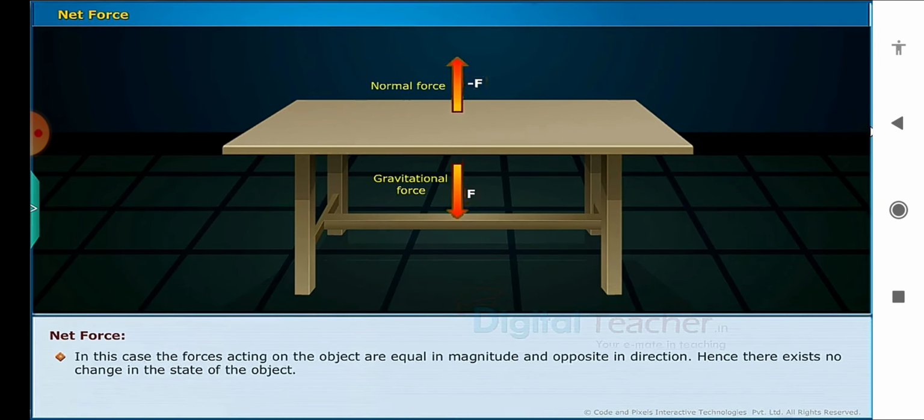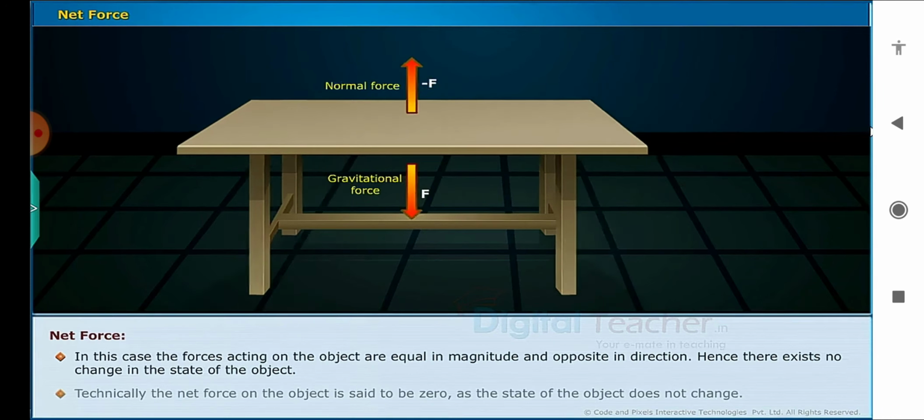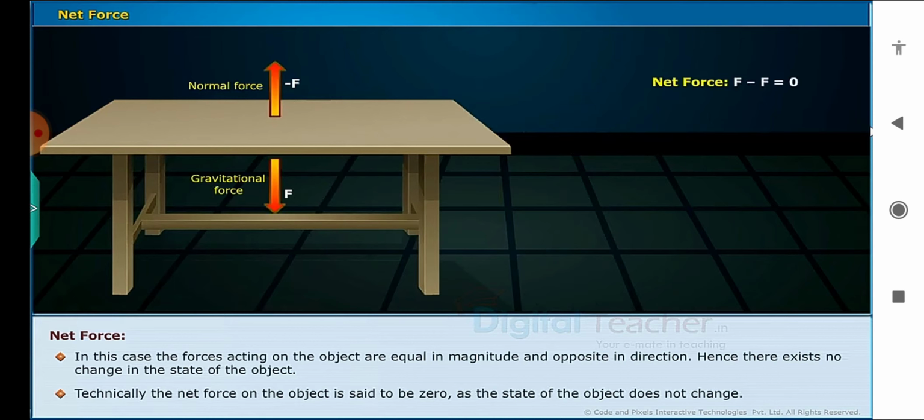In this case, the forces acting on the object are equal in magnitude and opposite in direction. Hence, there exists no change in the state of the object. Technically, the net force on the object is said to be zero, as the state of the object does not change.